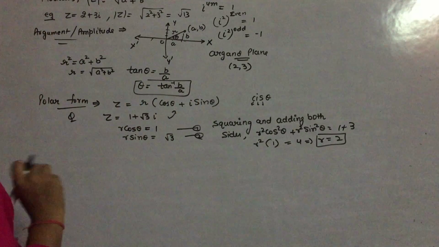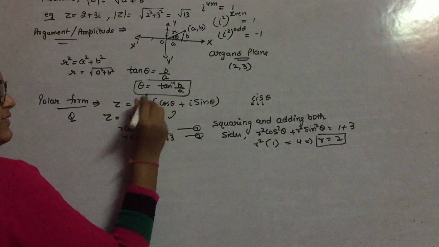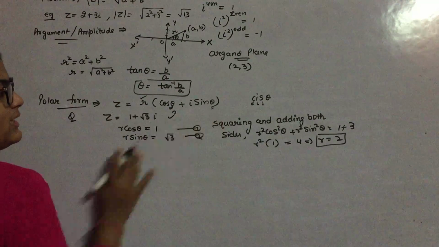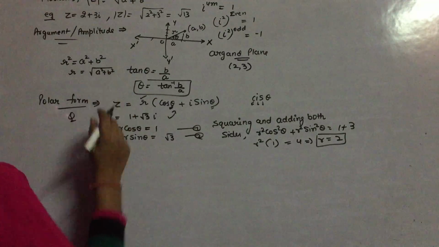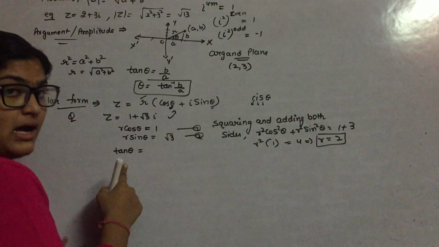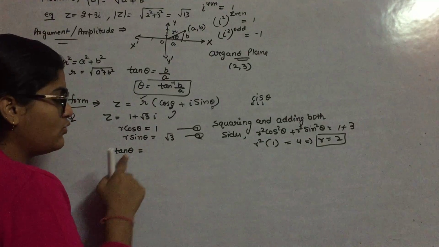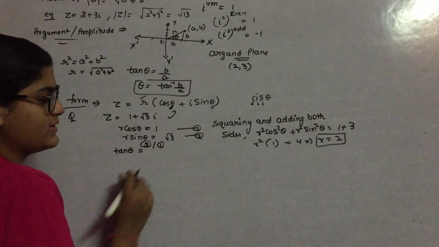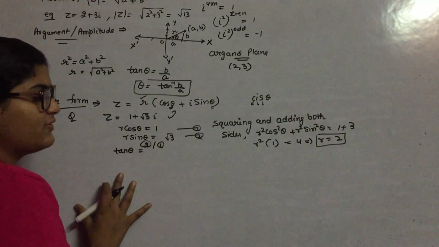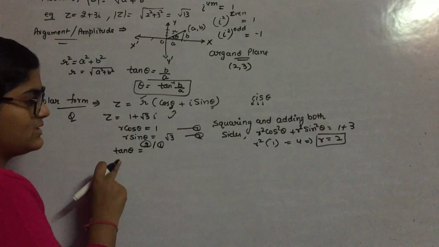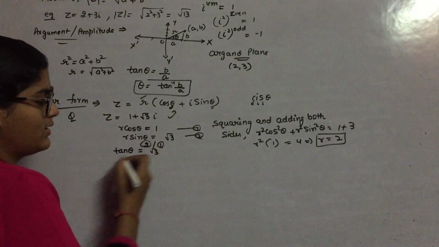So here we go, we have found the modulus. Now we have to find this theta. As we read earlier, we have to find theta, the amplitude, by tan. So how can we eliminate r from here? By doing second by first. If you divide second by first, r is cancelled out with r, sine upon cos is tan, and root 3 by 1.